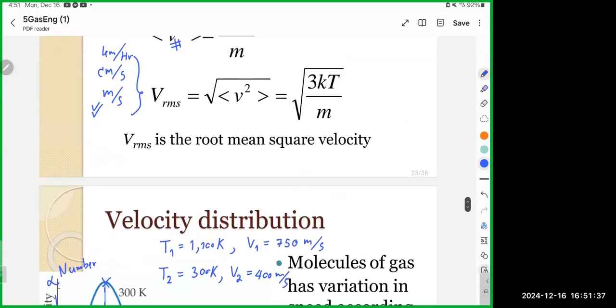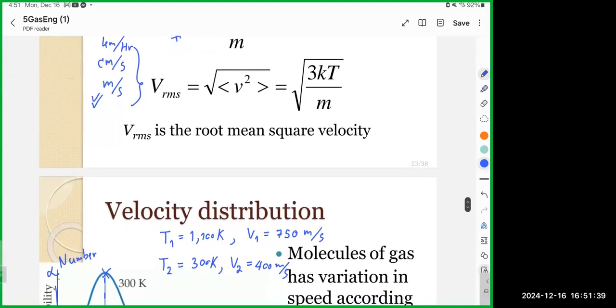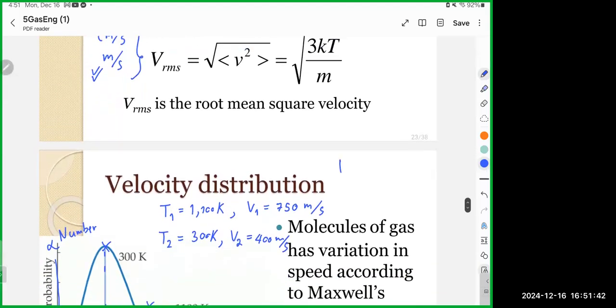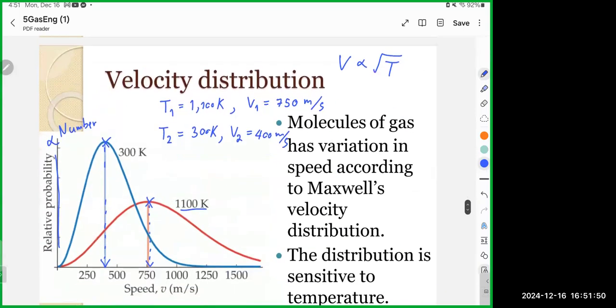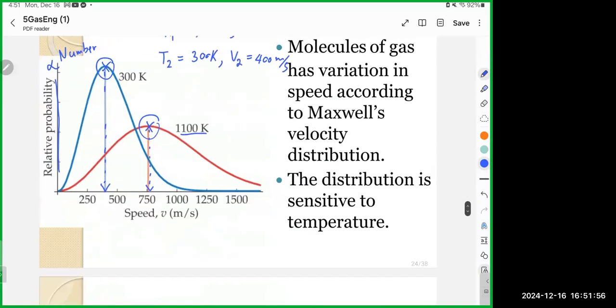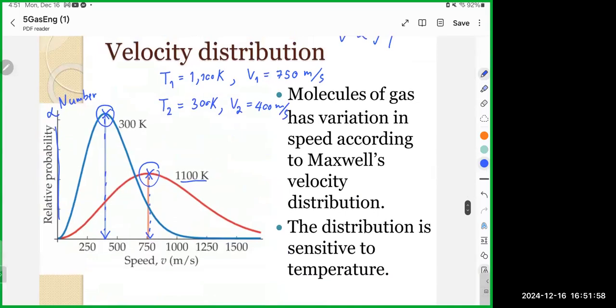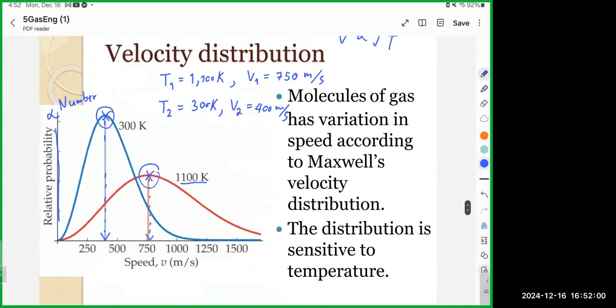So it's like the relation that v would be proportional to the square root of the temperature. Mhm. So the most amount of the gas right here should represent the majority of the gas behavior.